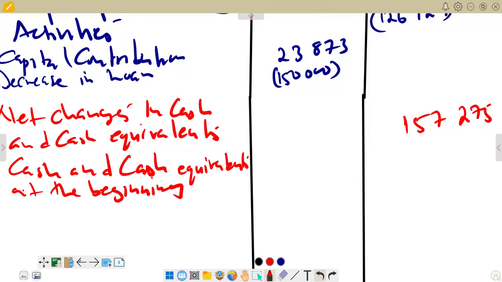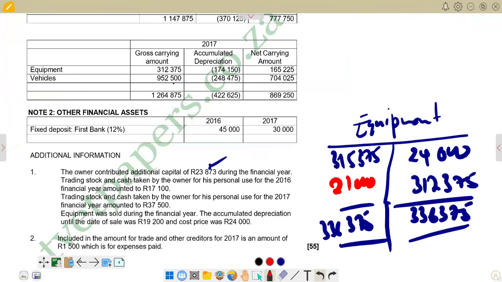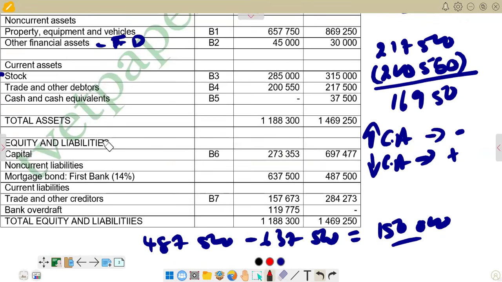We check it in the balance sheet which we are given in the question. So if you come here, we've got cash and cash equivalents at the beginning, 2016, which is this column. We have got nothing in terms of current assets. When it's under current assets, we should show it as a positive. When it's under current liabilities, we show it as a negative. You'd see that we've got a bank overdraft. It's also cash and cash equivalents. But when we have a bank overdraft, we are supposed to show it as a negative since it's under current liabilities.